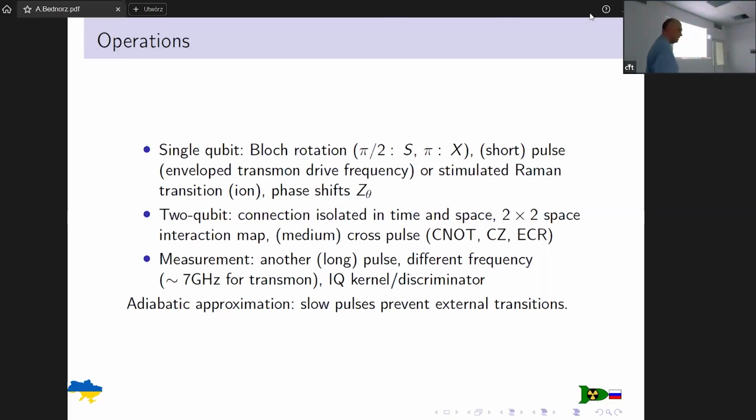So the measurement is not 0 or 1, but a complex number, and you just distinguish whether it's on the left or the right, something like this. But usually IBM and our computers simply map it to 0 and 1. Again, there is this adiabatic approximation, so the pulses need to be small enough not to cause transitions to other states, which means some kind of leakage to other qubits or different states at the same position.